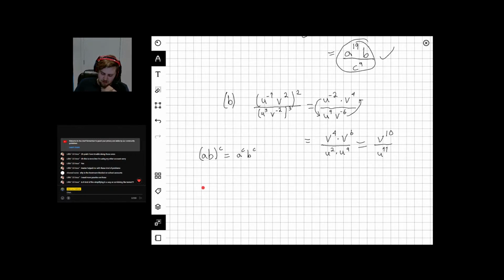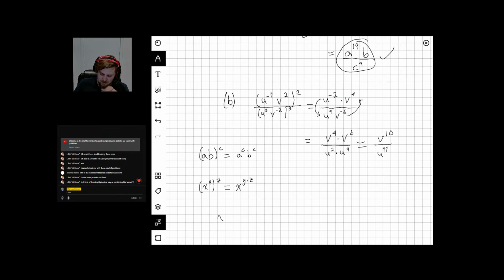And also, (x^y) to the power z is equal to x^(y times z). By using these two properties, I get this first step.